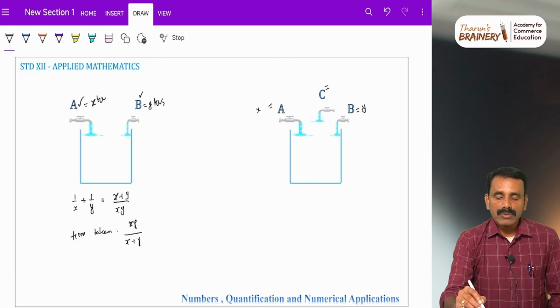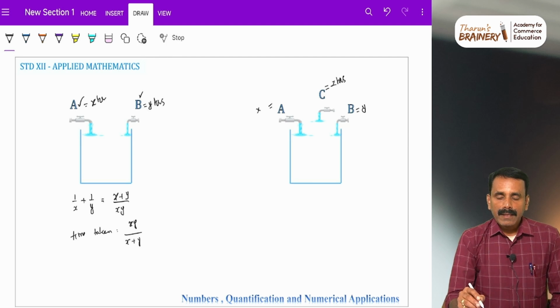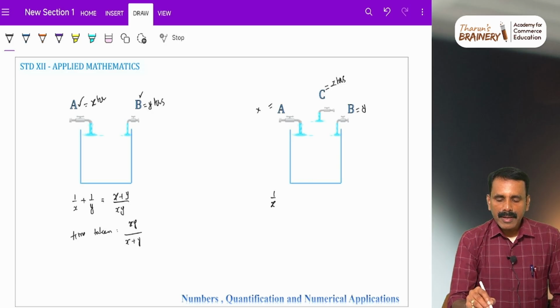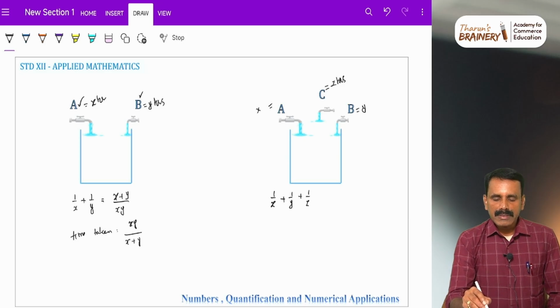Then the part of the tank filled by pipe A in 1 hour will be 1 by X, by pipe B in 1 hour will be 1 by Y, and by pipe C in 1 hour will be 1 by Z.